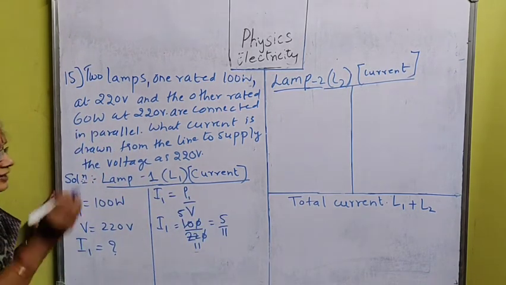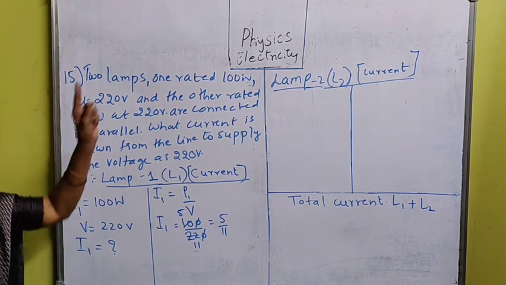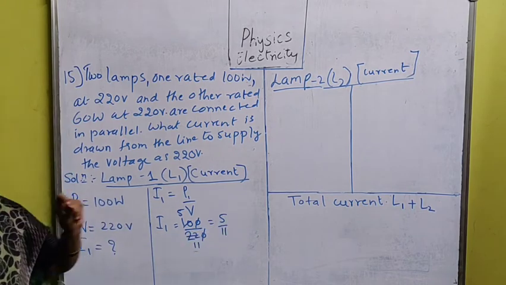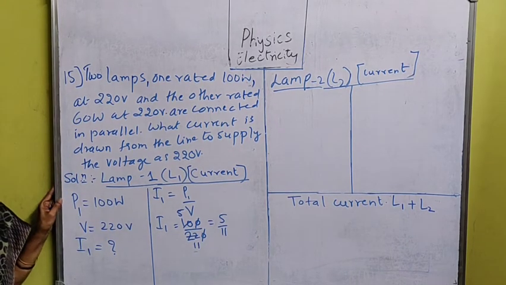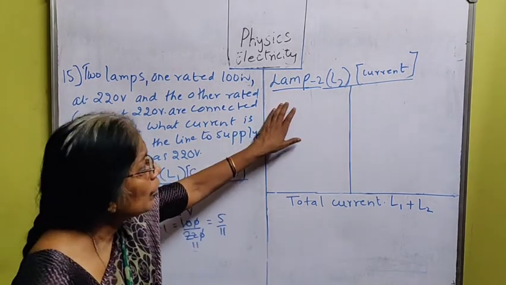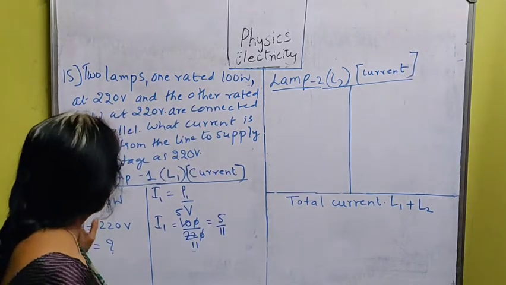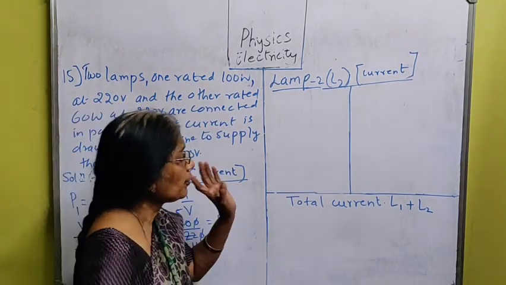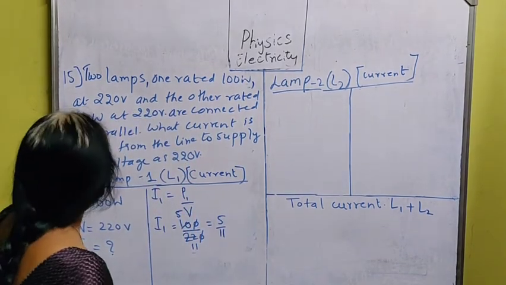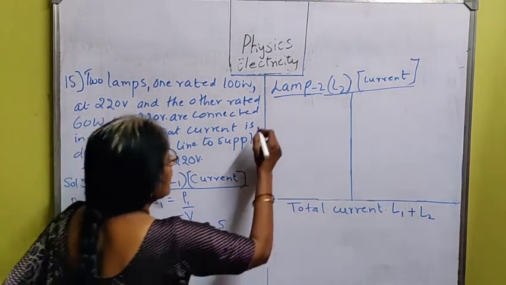You can convert this into decimal or keep it as it is, because when we take the second lamp also, there we will get a denominator of 11. It is easy to add, and then we can find out the answer. Now we will find the total current passing through lamp 2. To find it, we should know the power. Power is given as 60 watt; that 100 watt we took as P1, so 60 watt we will take as P2.